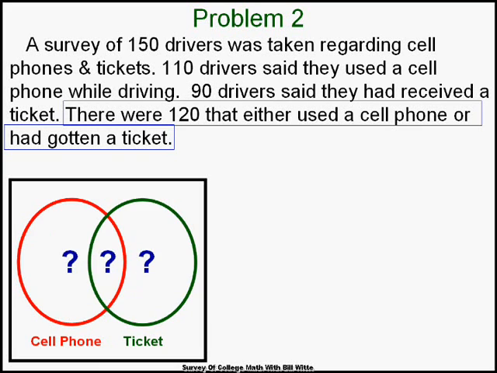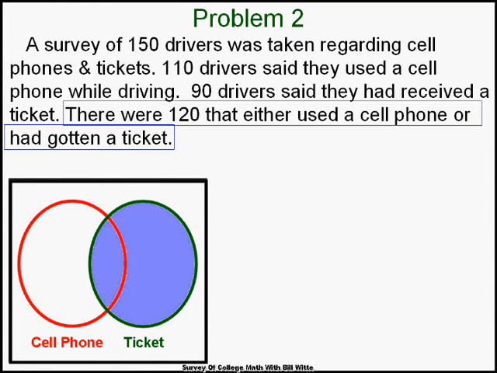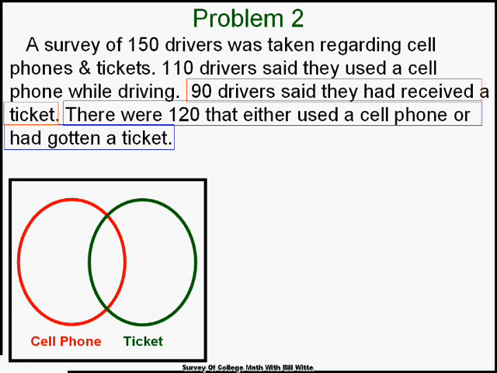That's going to be tough. I don't know which number to put where. I can't put the 120 over the whole thing. So this is going to be a little bit more difficult this time. I can't put it there because that's how many people have gotten a ticket. 90 said they received a ticket, but there again, I don't know where to put the 90.